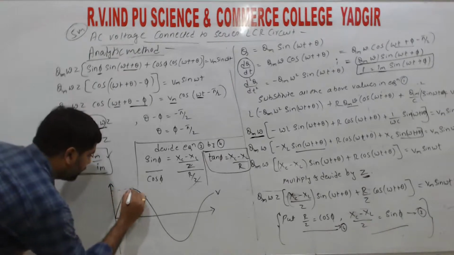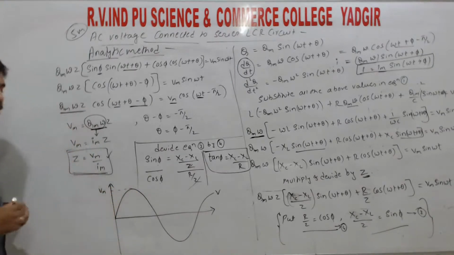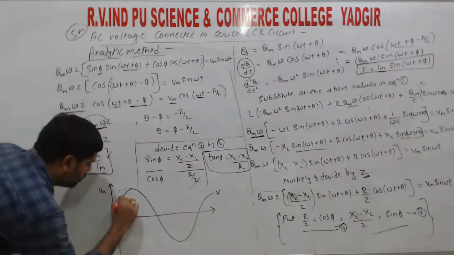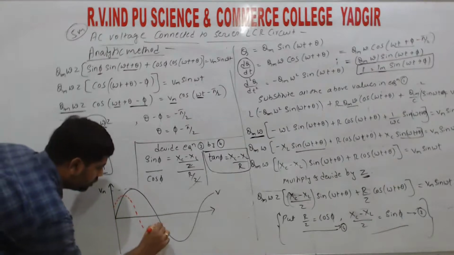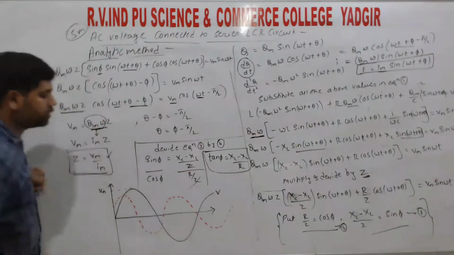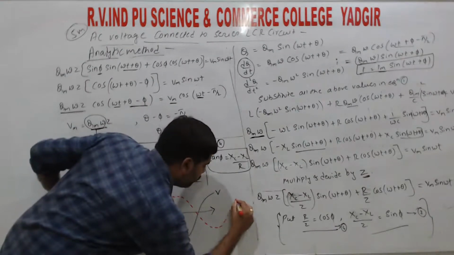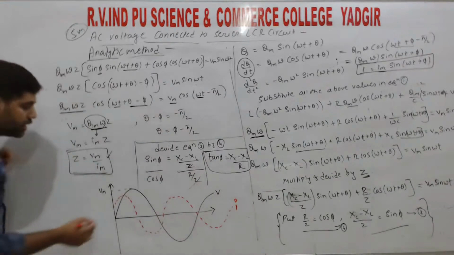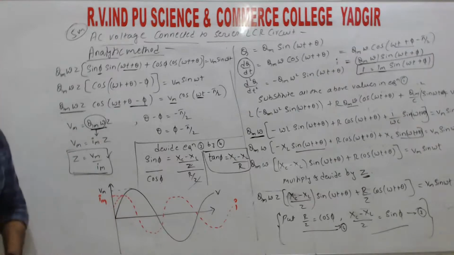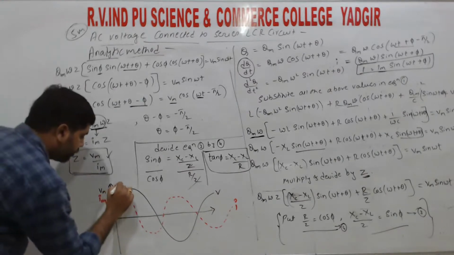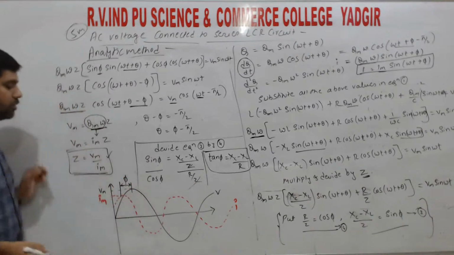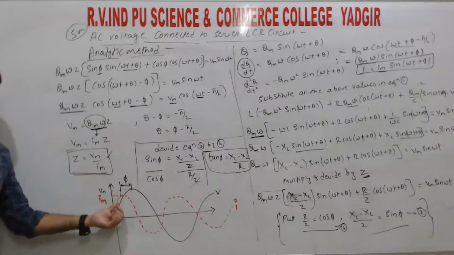Here we get Vm, the peak voltage, and this is the current flowing in the series LCR circuit, I, with peak value Im. This is the phase phi, the phase difference between the voltage and the current.